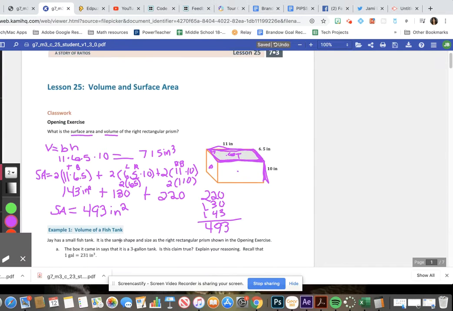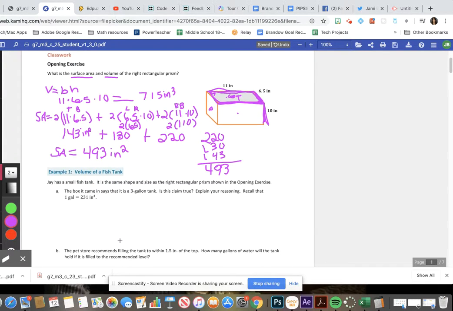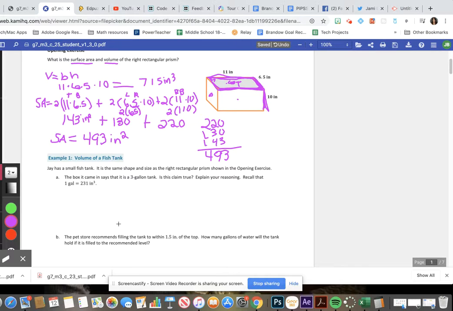Okay. Example 1 says J has a small fish tank. It is the same shape and size as the rectangular prism shown in the opening exercise. A. The box it came in says that it is a 3-gallon tank. Is this claim true? Explain your reasoning. Recall that 1 gallon is 231 inches cubed.